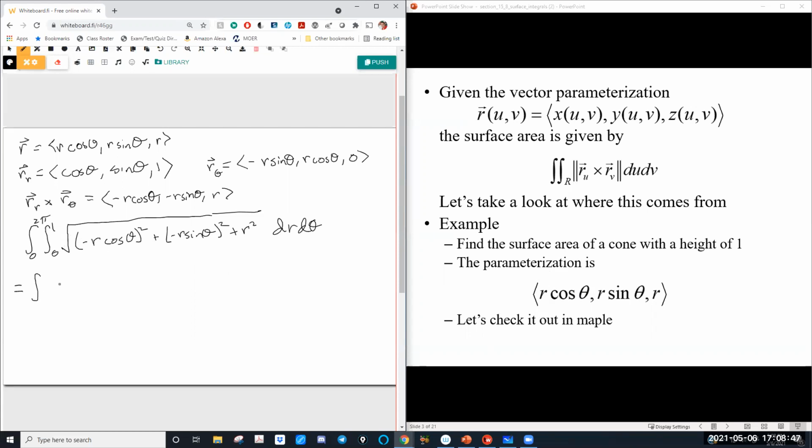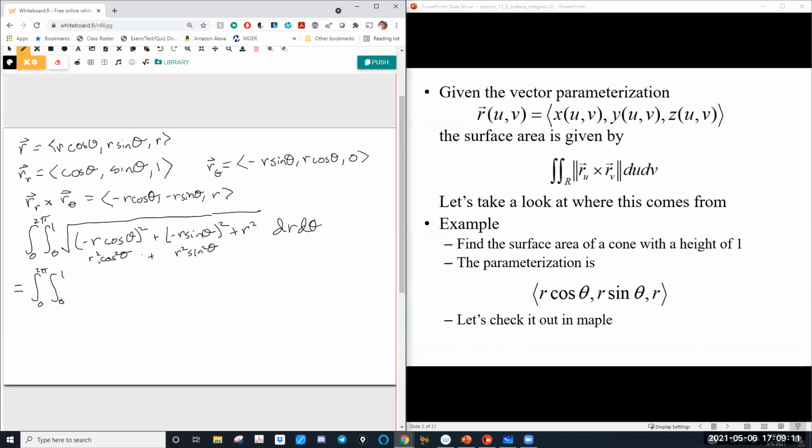Now, this one I'm going to simplify because we are going to see it again in another example, and I want you to just see how it transfers. So one of the nice things that happens, we're going to end up with an r squared cosine squared theta here, and an r squared sine squared here.